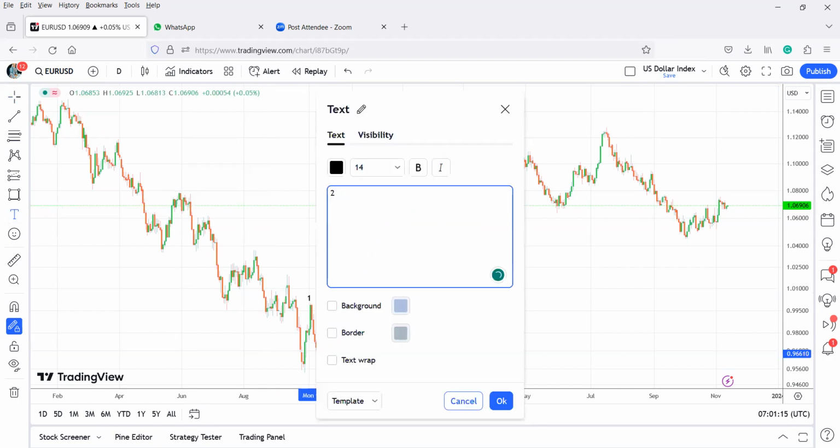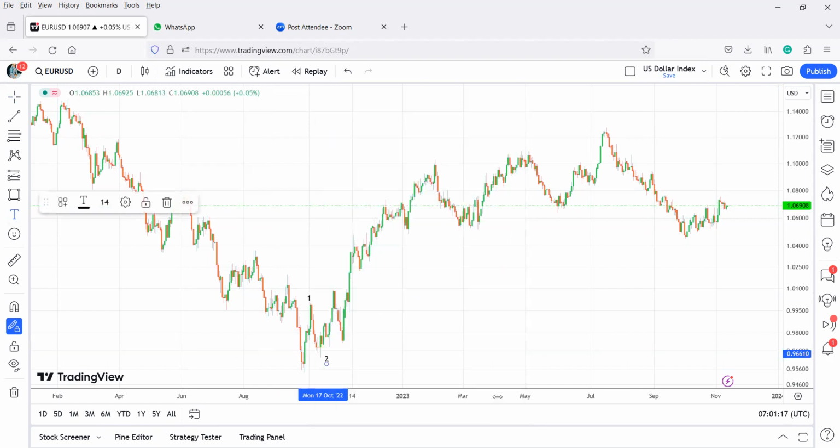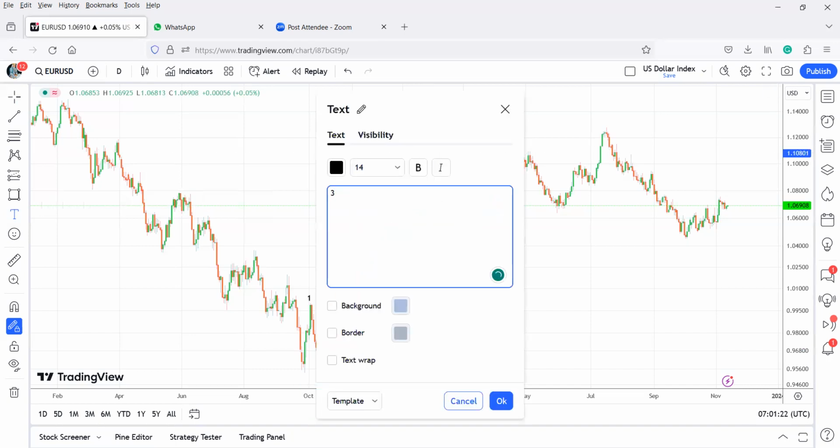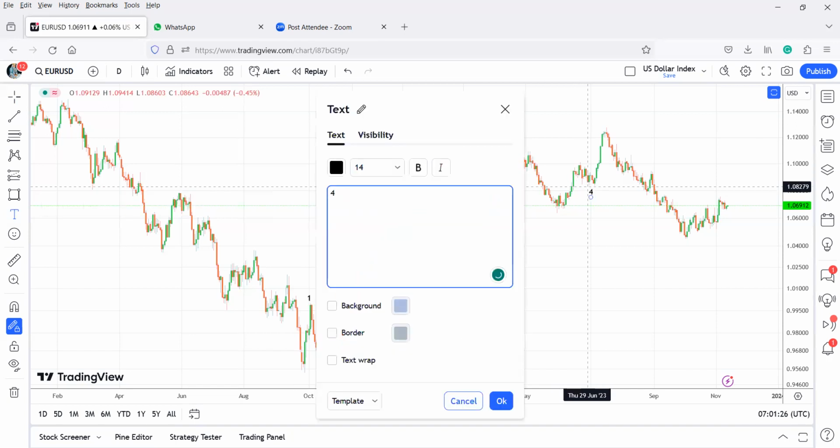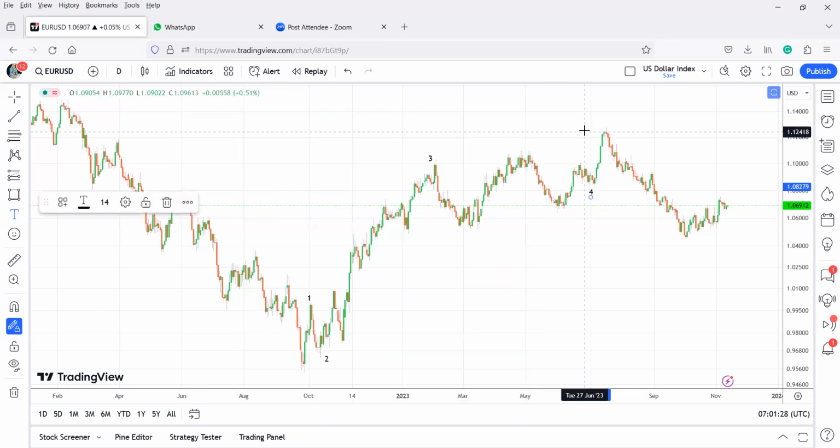An impulse rally was completed over the past several months in the euro. I'll quickly run you through the larger degree wave counts here.